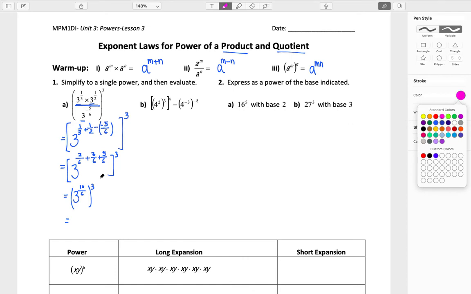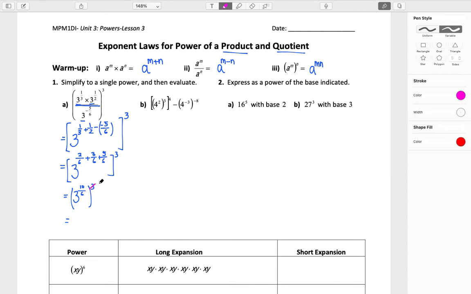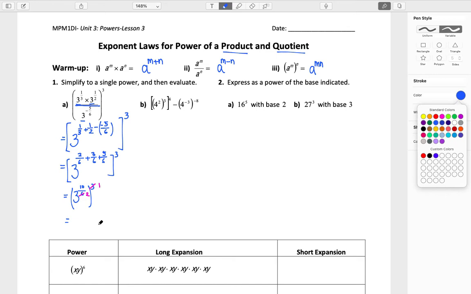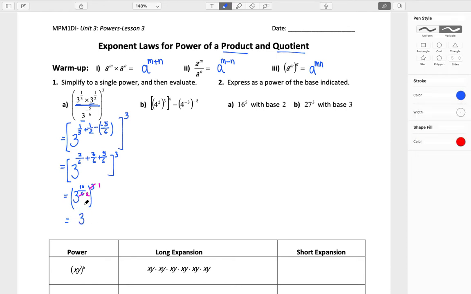But I can simplify: 3 divided by 3 is 1, 6 divided by 3 is 2. So we have 3 to the 10/2, which is 3 to the 5. So this is a single power. Then you have to evaluate, meaning no exponent. So I'll be doing 3 times 3 times 3 times 3 times 3, and that should give me 243.